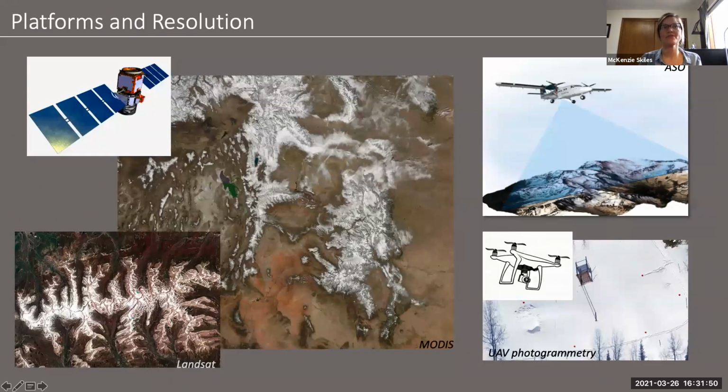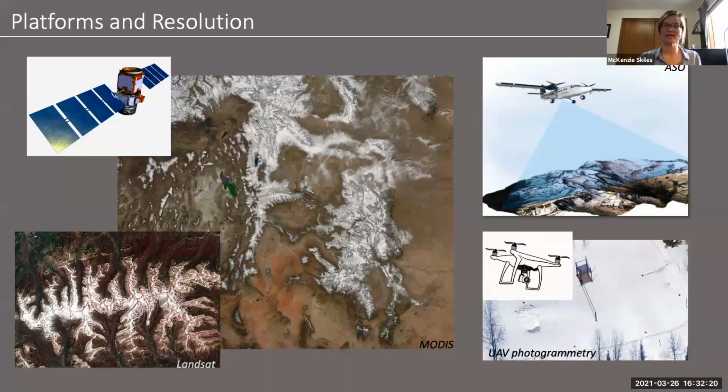Okay, so that was spectral resolution, and now we can chat a little bit more about platforms and spatial resolution. So satellite remote sensing is an awesome way to monitor snow because it allows us to see areas that we can't travel to ourselves, and it allows us to see those at really regular intervals.